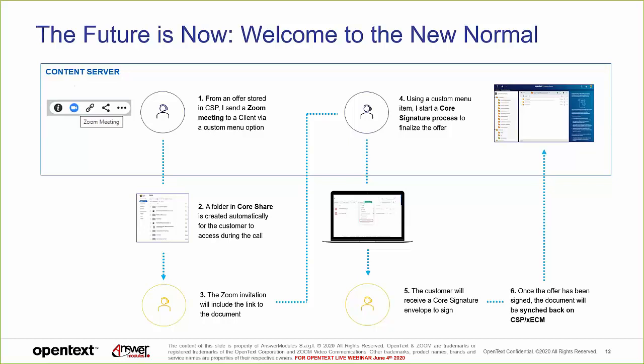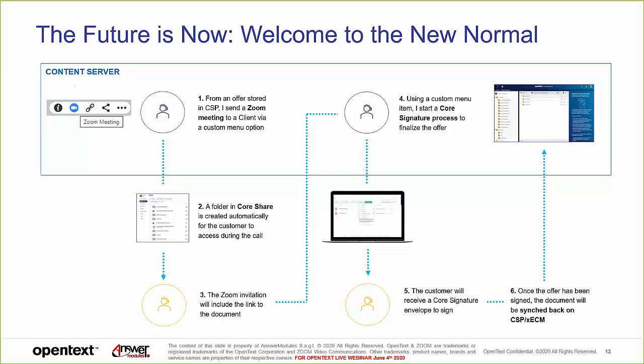Let's say I already have this offer, this document, stored on CSP. Directly from a custom menu item, I can send a Zoom meeting to the prospective client that is associated to that offer. Automatically, what will happen, and this is an example of smart automation that can be put in with Module Suite, is we can create a folder on Course Share in which we add the offer.